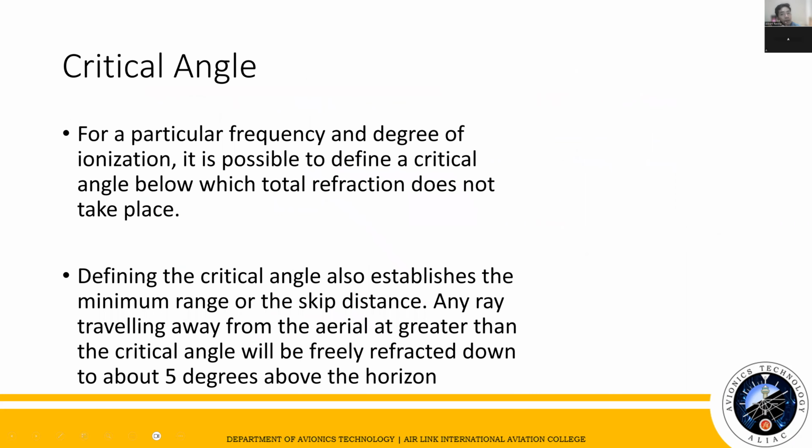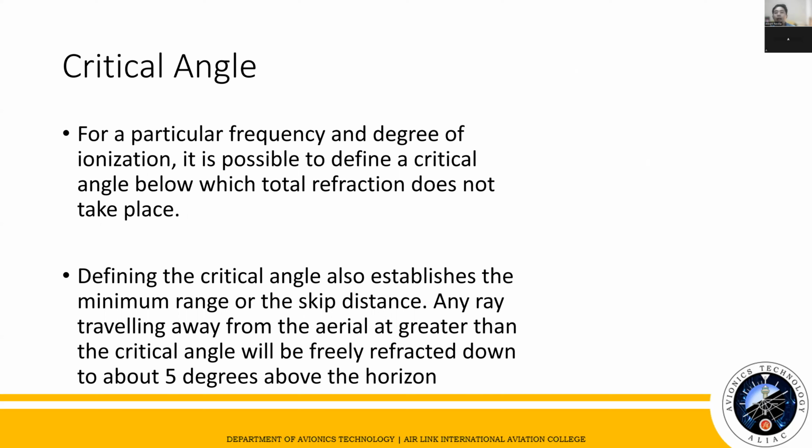Let's go back here. So, what is a critical angle? A critical angle in skywave propagation is the image result for the critical angle of refraction in skywave propagation. So, meron siyang angle of incidence na tinatawag.